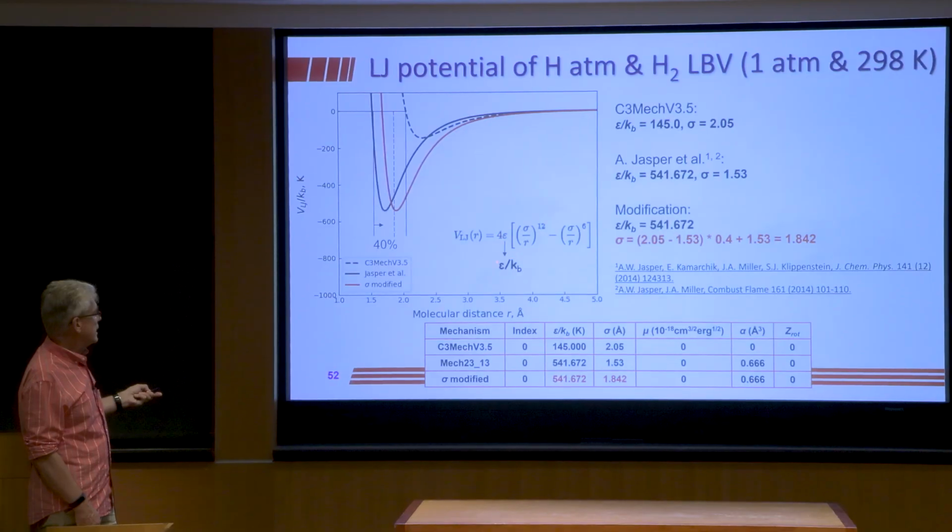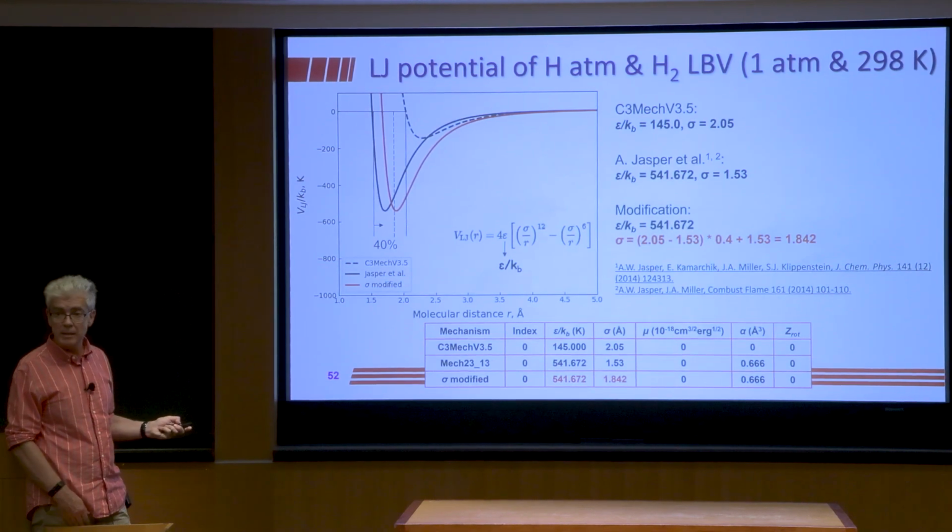And it depends on the energy and then the inverse 12th power on repulsion and the inverse 6th power on attraction. And it's called the Lennard-Jones 12-6 potential because of this.